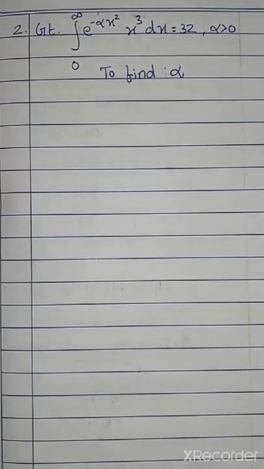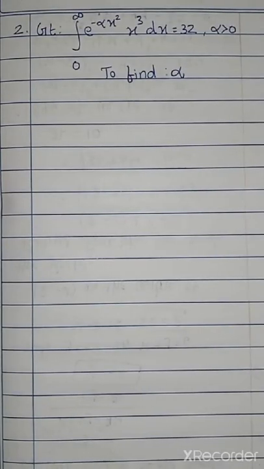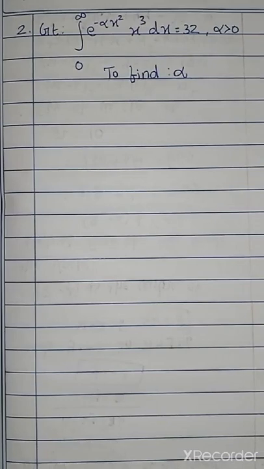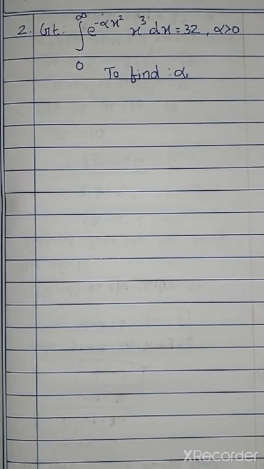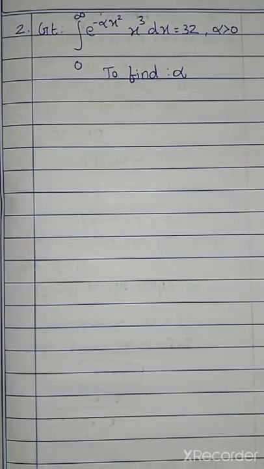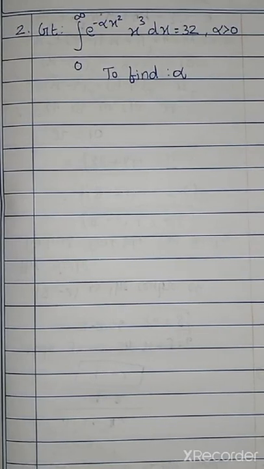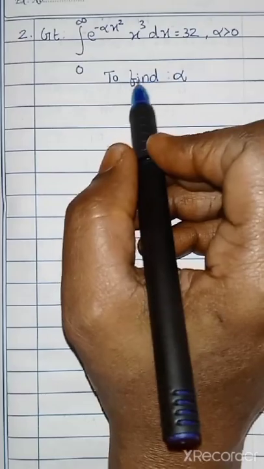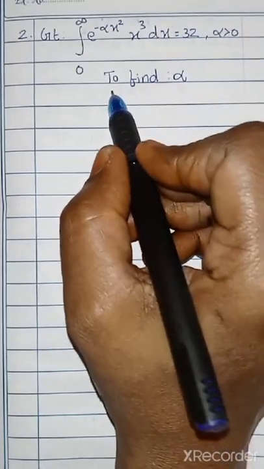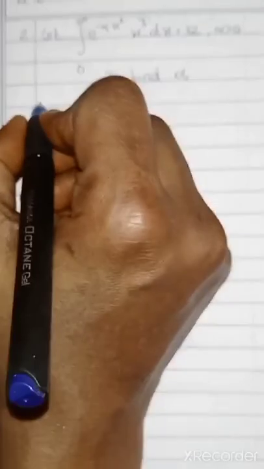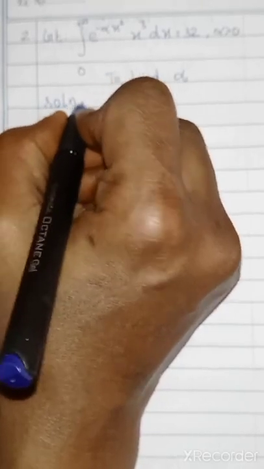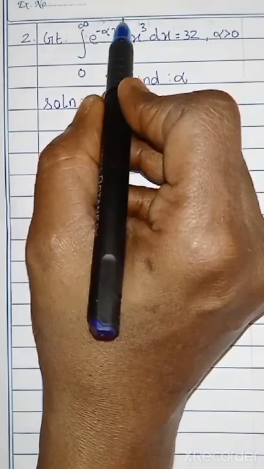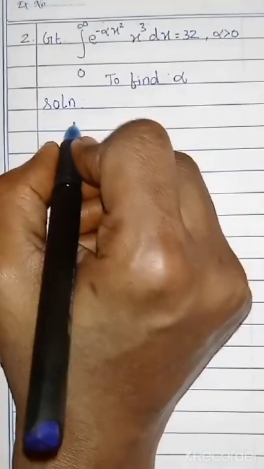Second question, evaluate. It is given that integral 0 to infinity e power minus alpha x square, x cube dx equal to 32. So they have given this integral value is 32 and alpha greater than 0 என்று கொடுத்துட்டாங்க. Using this one we are going to find the alpha. So first e power minus alpha x square இருக்குல்ல, this alpha x square we can denote as some variable.